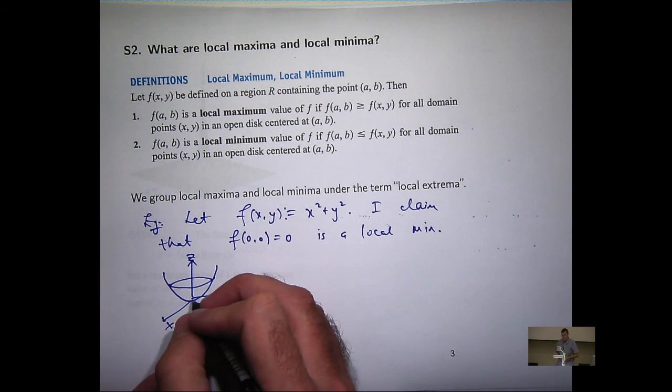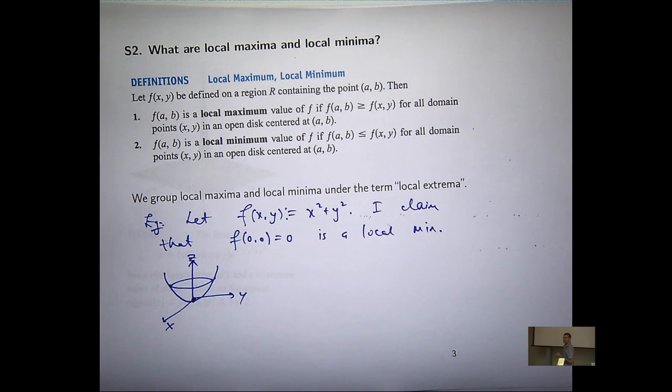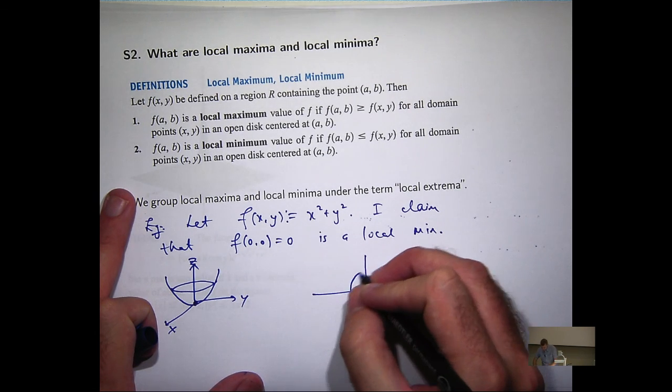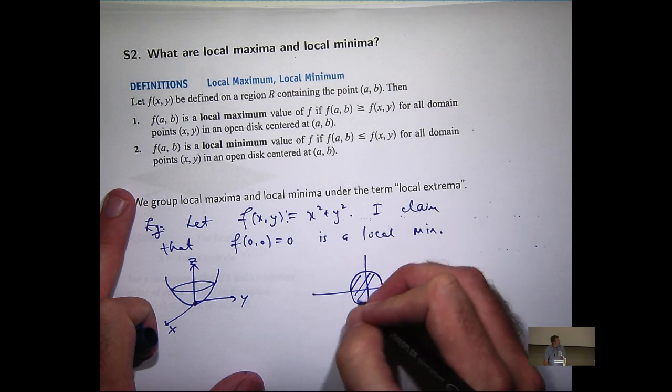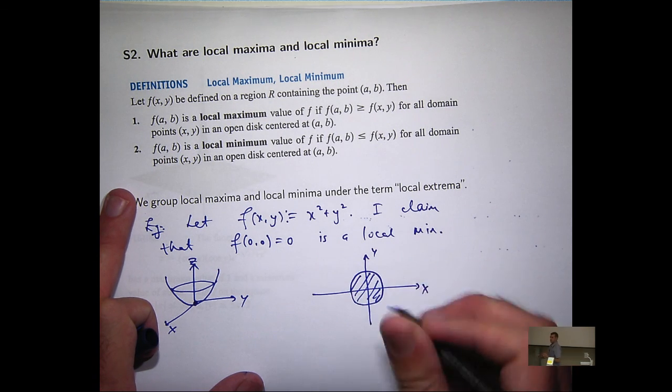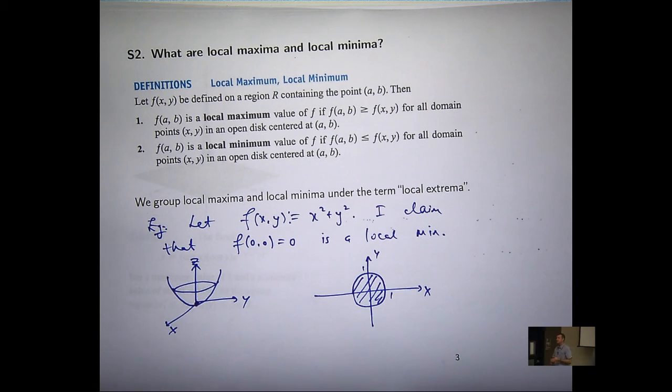Now, at our point of interest, I can draw any little disk around the origin in the xy plane. So I can draw some disk. Let's say it's 1, 1.